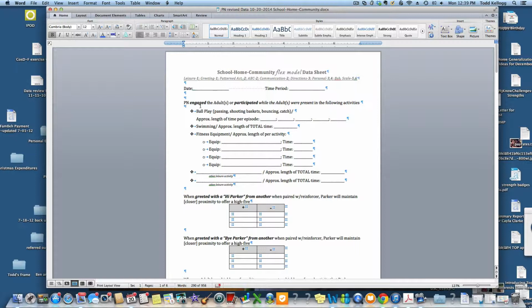We have some engaged activities for Parker and the adult listed here in the beginning. The ball play, approximate length of time per episode. So if he did that a few times a day, we could write down the duration under these spots right here. Swimming, same thing.